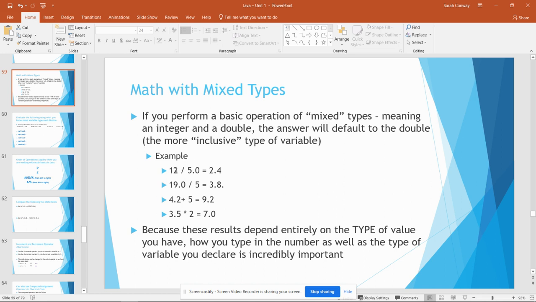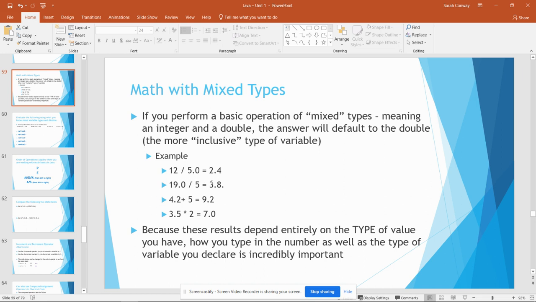So what that means is that if you have a mixed type, because doubles are a little more inclusive and welcoming, they can take integers in, but integers cannot take doubles in. Because the double is more inclusive, the result will be a double. So if you have integer divided by double, it's a double.